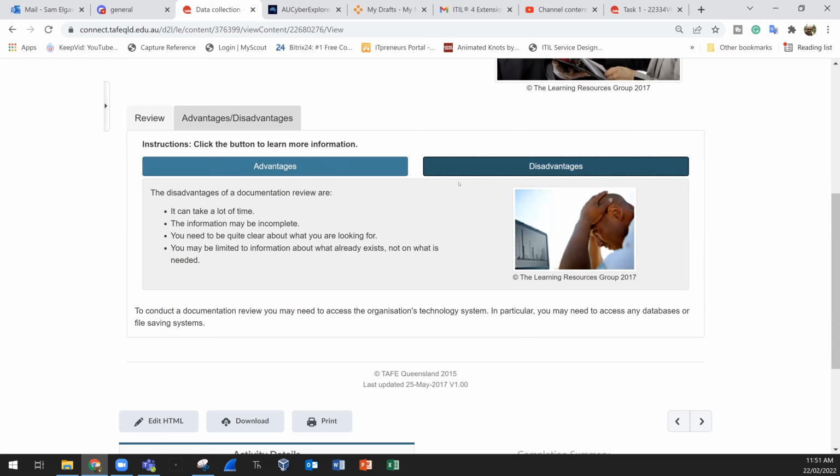Disadvantages, so it can take a lot of time for documentation review. Information may be incomplete. You need to be quite clear about what you are looking for. You may be limited to information about what already exists, not what is needed. Sometimes it's obsolete data, old data, 5 years ago. So we have new things now, or even if we are estimating the cost of a fire alarming system, 5 years ago, it's totally different than nowadays.